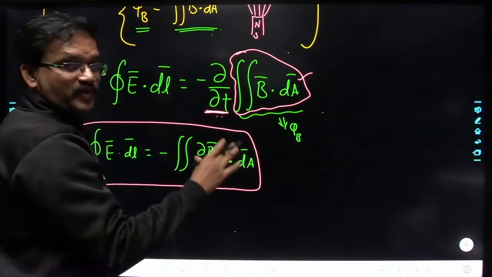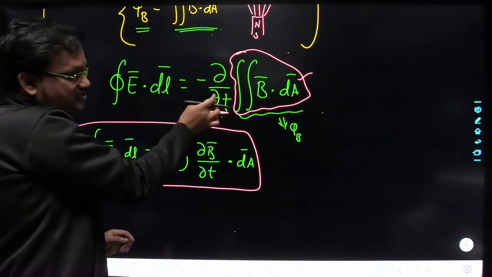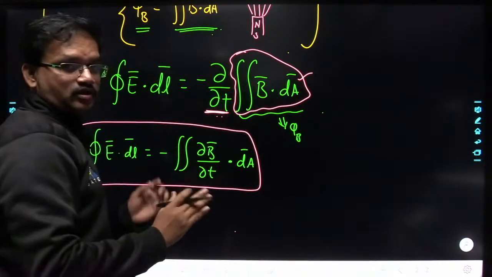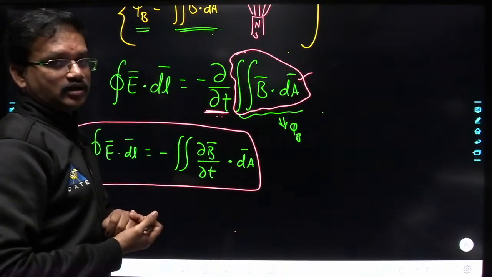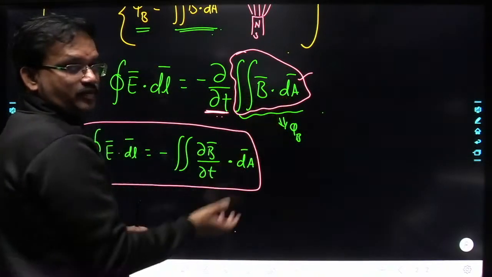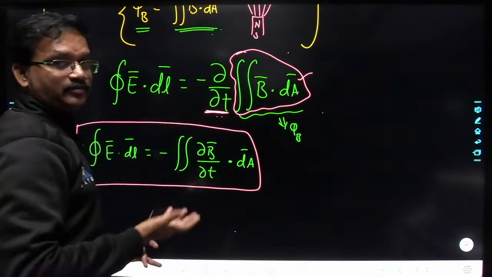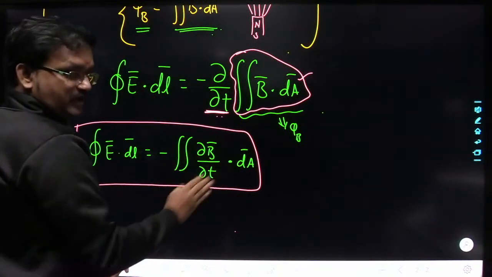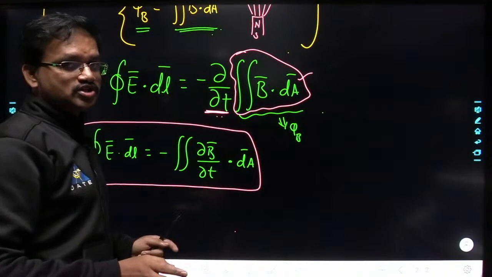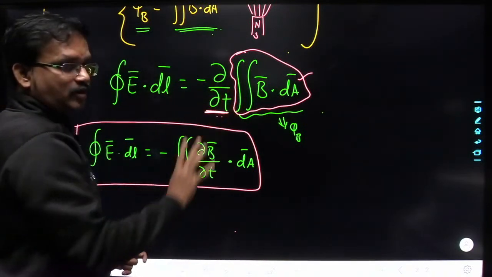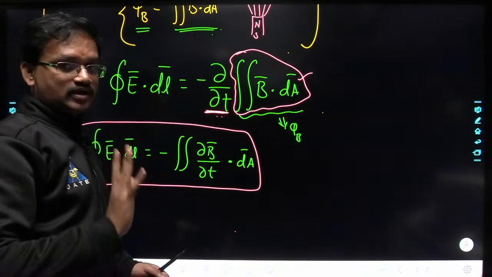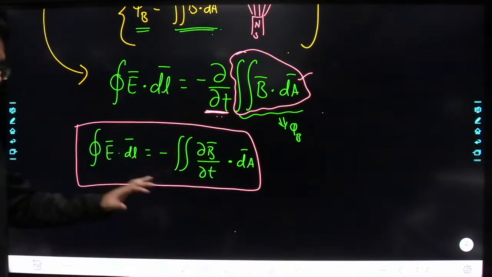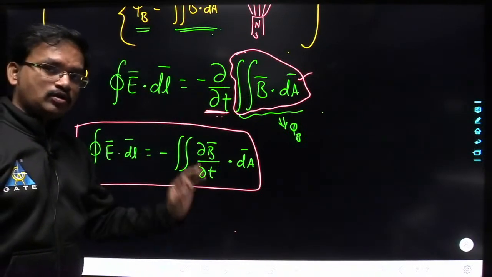So integration is a spatial operation and differentiation is a time operation. These two are independent of one another, so you can perform the spatial operation first and then the time operation, or the time operation first and then the spatial operation. The result is not going to change, so you can represent it either way. Both are correct.